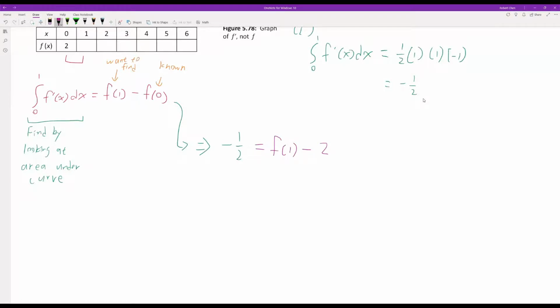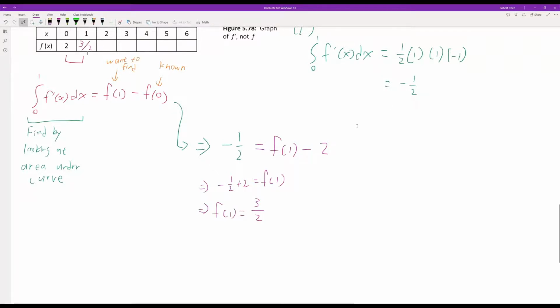To solve for f of 1, we just add the 2 over, and we get -1/2 plus 2 is equal to f of 1. That means f of 1 is equal to 3 over 2.